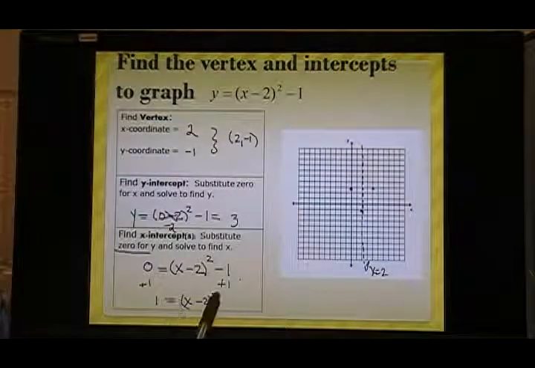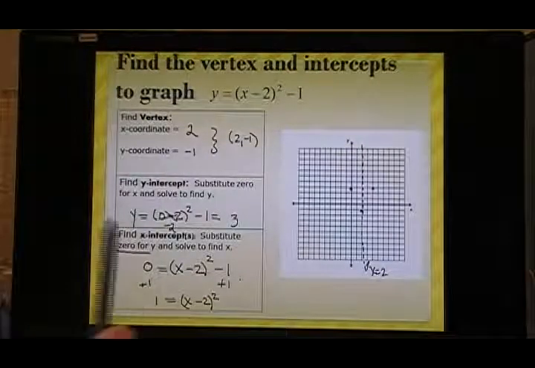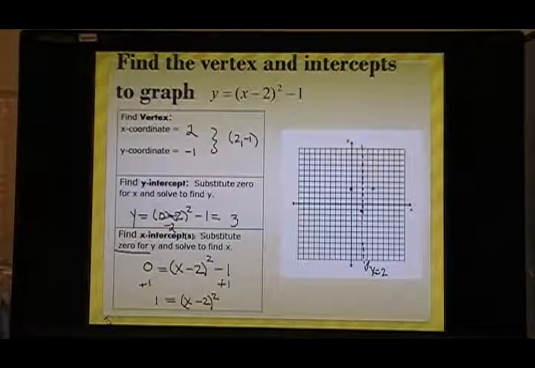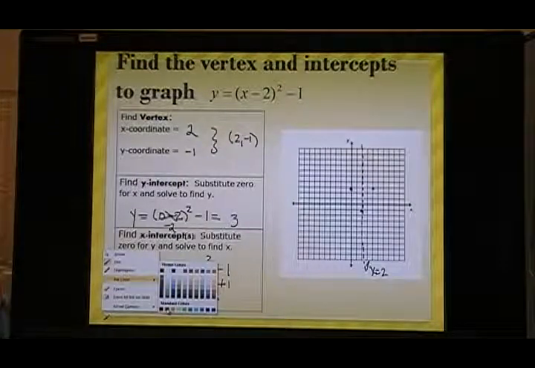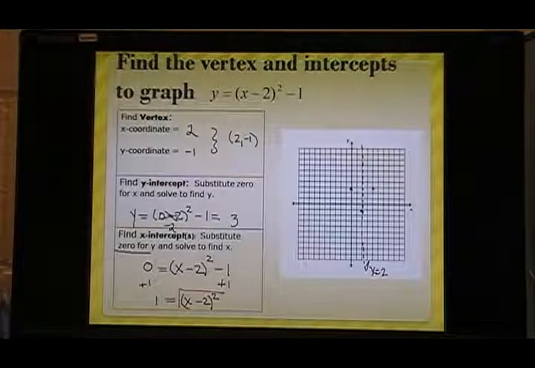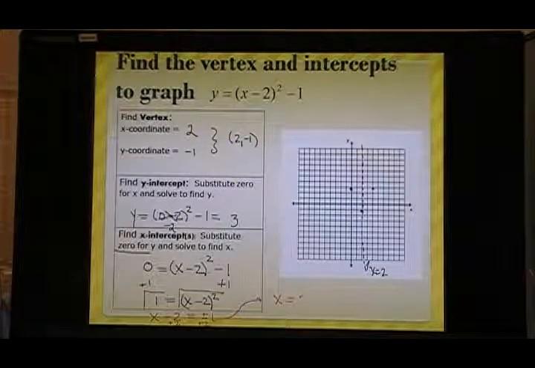Something squared equals a number, so I can solve by taking the square root of both sides. I have x minus 2 equals the square root of 1, which is 1, so we've got plus or minus 1. Solving for x, we add 2 to both sides. So we have x equals 2 plus or minus 1.